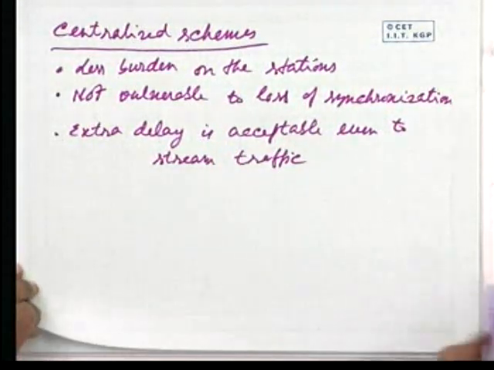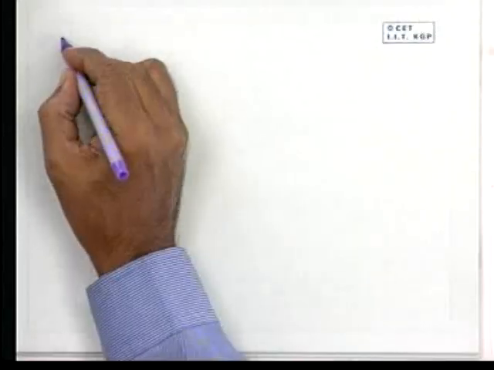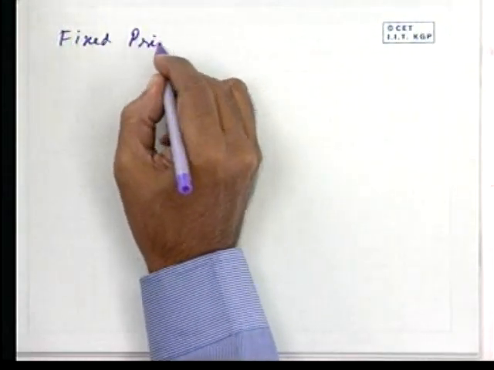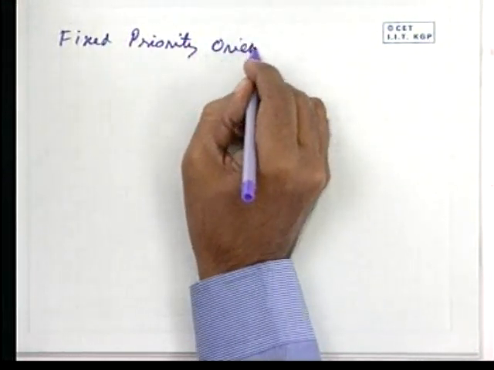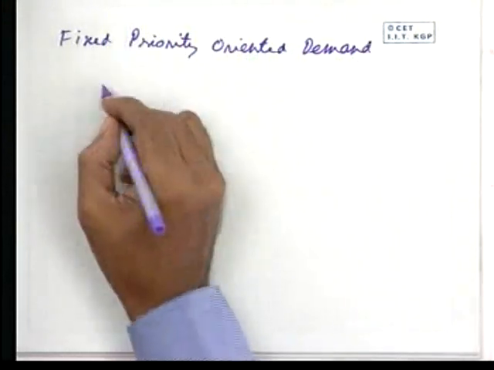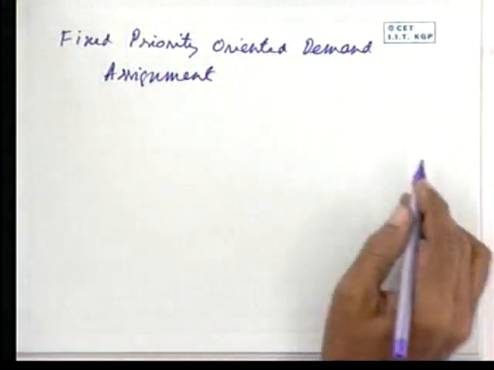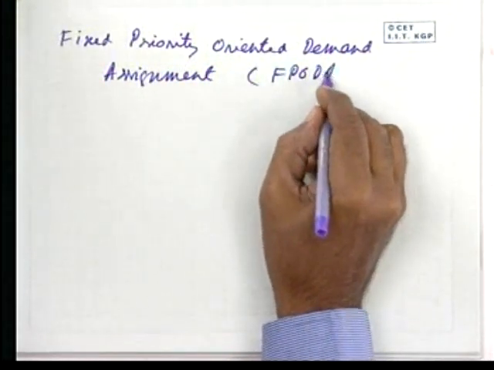Let us consider the first scheme based on this centralized reservation, which is known as fixed priority oriented demand assignment, or in short FPODA.